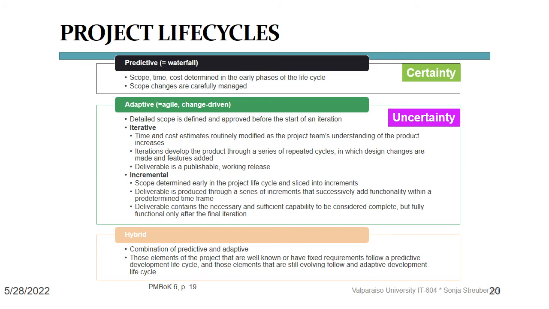What I have seen most in organizations is a mixture of the two models, of predictive and adaptive into a hybrid model. Here, parts of the project are managed as waterfall, especially when it comes to the early nailing down of scope or to the closing phase.